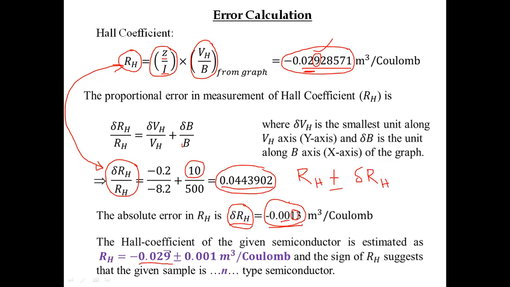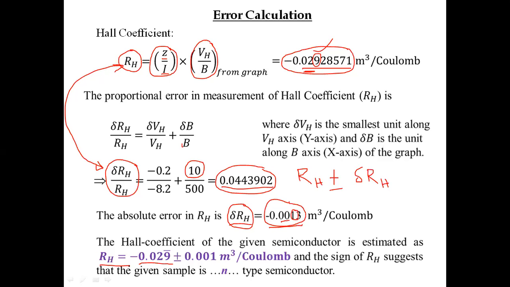Bar means you are not sure about 9, but you are sure about 0 and 2, plus minus the absolute error, that is 0.001 meter cube per coulomb. This is the value of RH that you are expected to get.